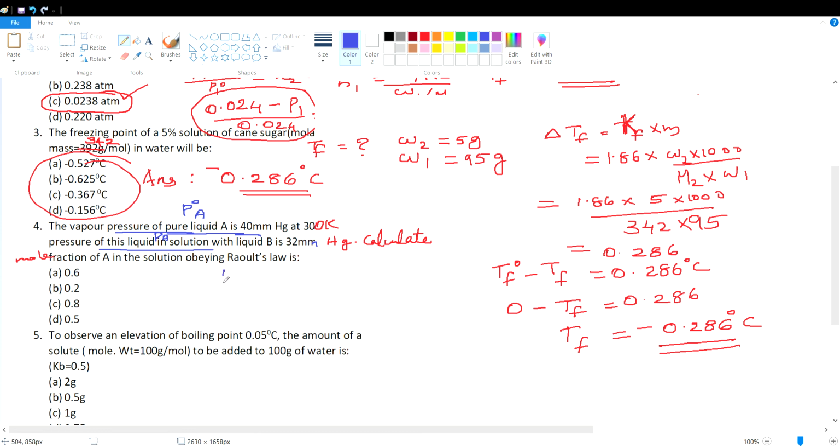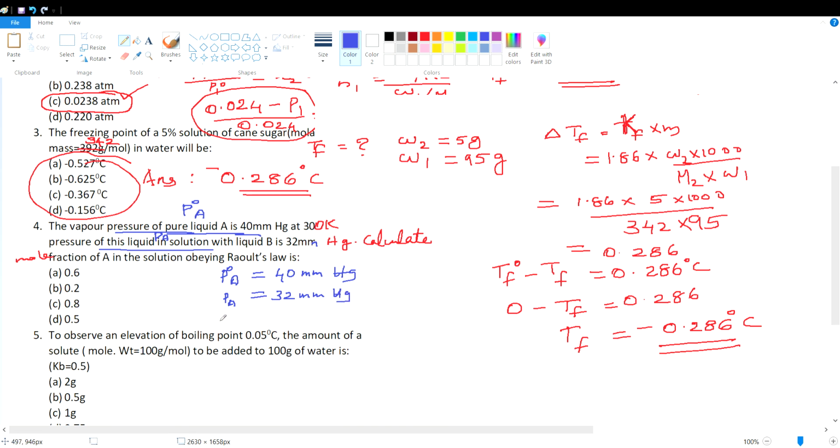That is what is given in the question. And it is also given that it obeys Raoult's law.